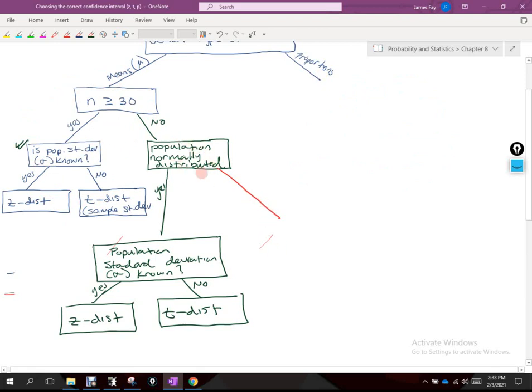So population normally distributed. If the answer to that is no, and here's my question: how many distributions have we talked about so far that were not normally distributed? Really not. We talked about the binomial distribution, which we then talked about how that segues into the normal distribution. But if we answer no to this, what we're going to ask eventually, and this is the thing about statistics, this is the thing really about any high school math course that we take.